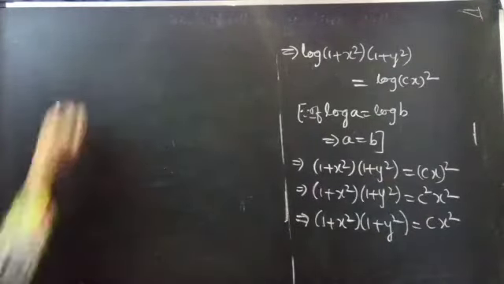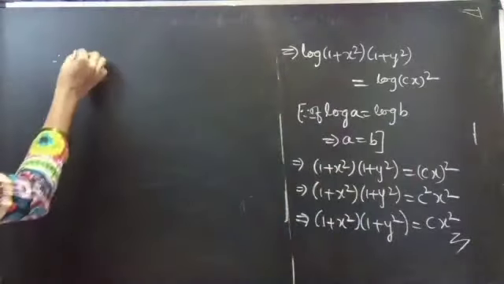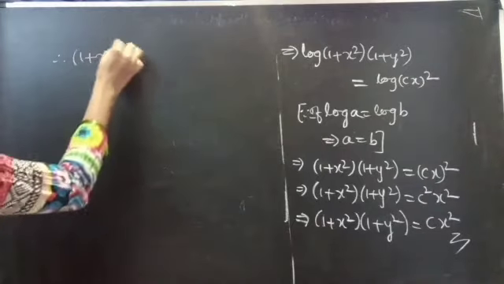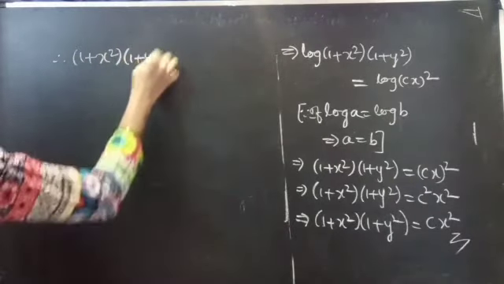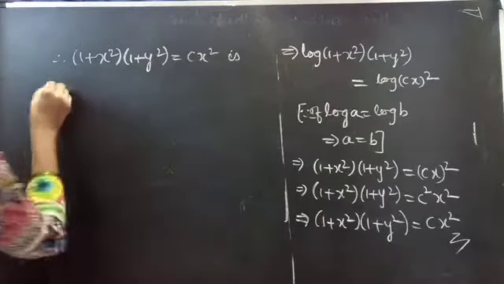Therefore, this completes the problem. Therefore, 1 plus x square into 1 plus y square equals cx square is the required solution.